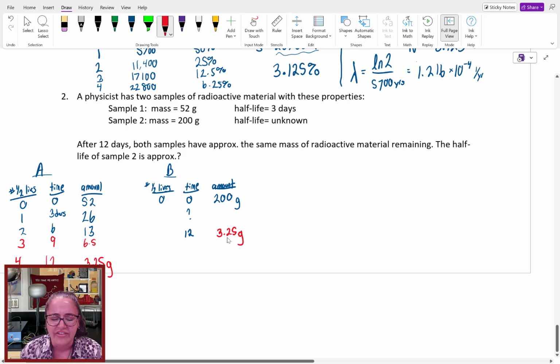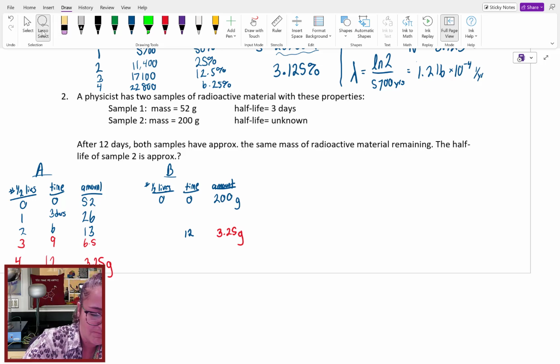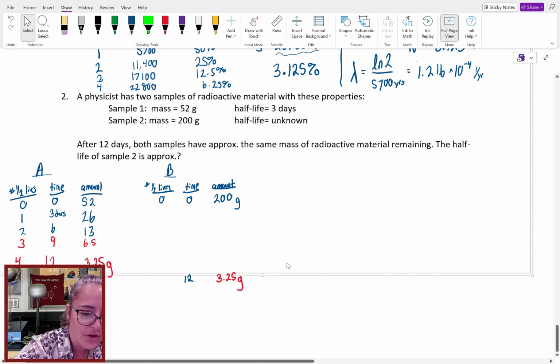So how many half-lives is that? Well, we know it's going to be more than 4 because we started with 200. So I'm going to move this on down and fill it in until I get to 200.